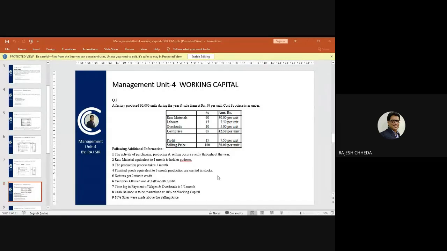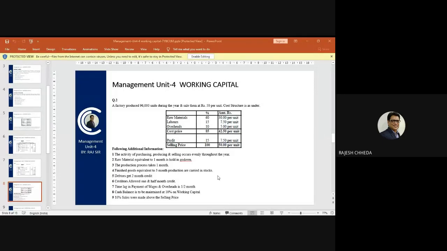This cost structure information, raw material, labor, overhead, total cost, profit and sales, is the same as question number 1. The first column gives percentages: 60% is raw material, 15% is labor, 10% is overhead, 85% is cost, 15% is profit, and 100% is selling price.